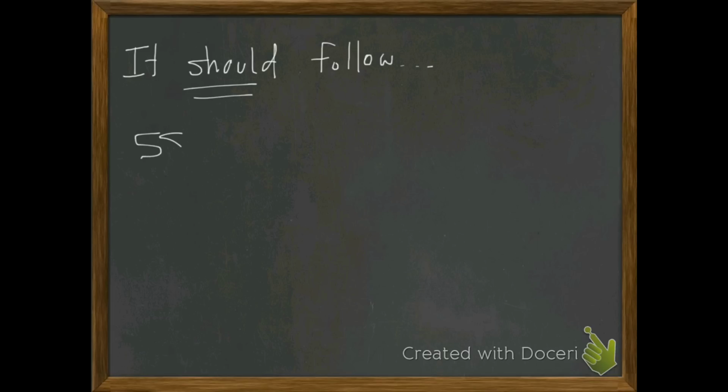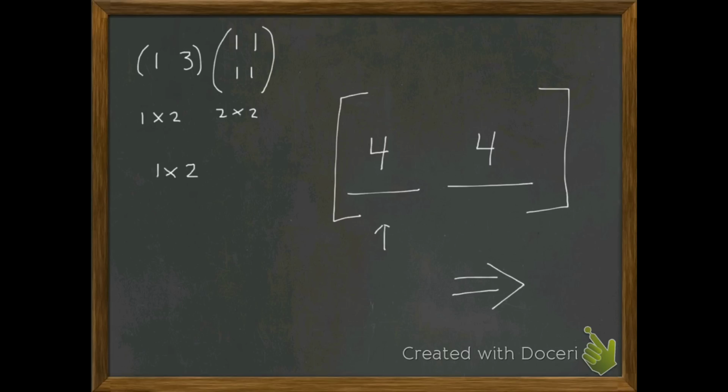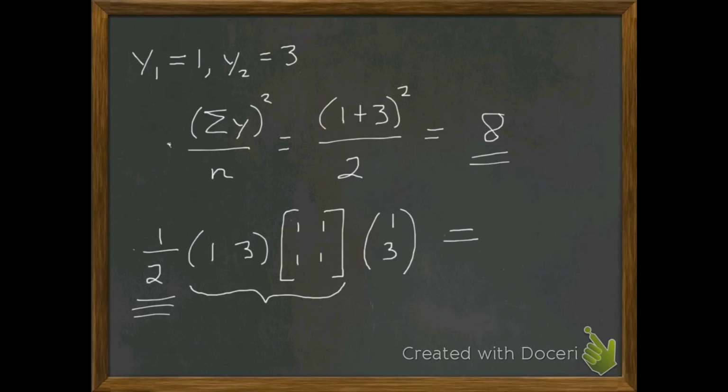It should follow that if the sum of squares for the total is equal to, let's go back here and just make sure that you know the connection I'm trying to make here.